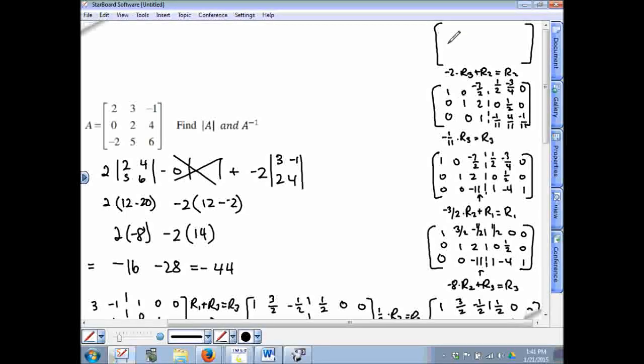-2 times 0 is 0, 0 plus 0 is 0. -2 times 0 is 0, 0 plus 1. Well, -2 times 1 is -2 plus 2 is 0. -2 times -1/11 is -2/11 plus 0 is -2/11. -2 times 4/11 is -8/11, and now we have to add that to 1/2. That's going to have to be multiplied by 11 over 11 over here, 2 over 2.